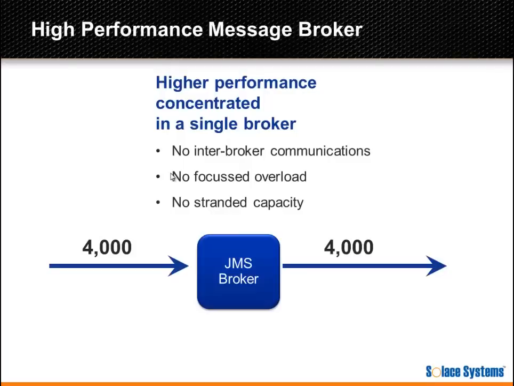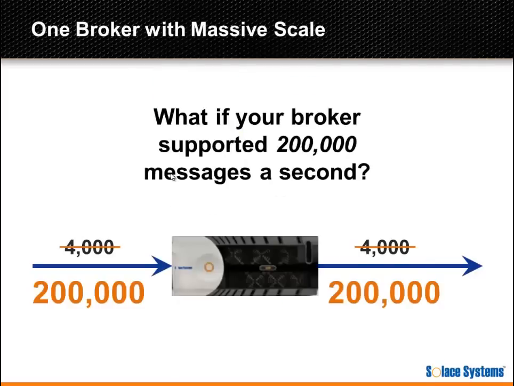And that's all well and good, but a lot of people need even more than 4,000 messages per second in their messaging system. So what if you had a technology that supported 200,000 messages per second in a single broker? That is what Solace messaging appliances provide. For many applications, this means that horizontal scaling of the messaging layer is not required at all.